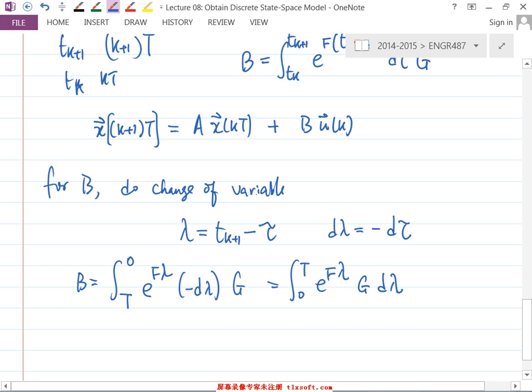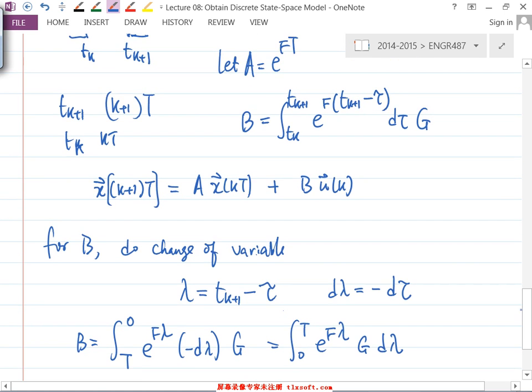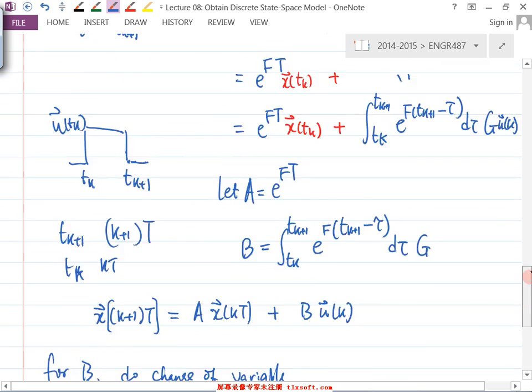Is that good? Now this is the b now, right? This b looks much better than the previous one. I would rather deal with this one, because you really have this sampling time showing up here. So in other words, a equals this and b equals this.